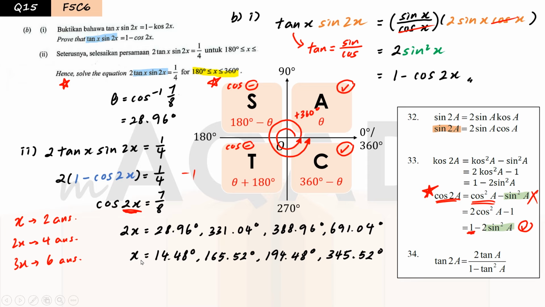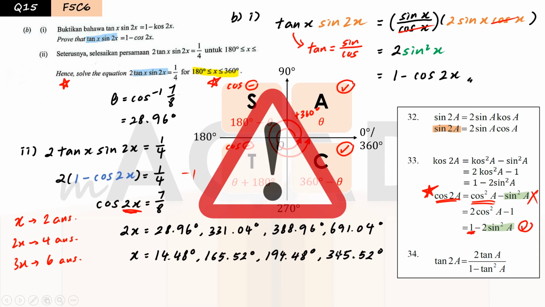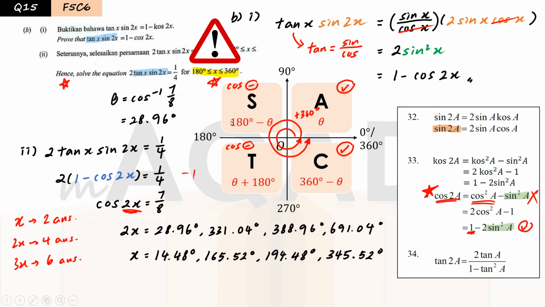Okay, so now for our x value, we have 4 answers. But let us look back at the question here. They gave us this condition: x must be within 180 degrees to 360 degrees. So for our 4 answers here, we need to reject this one and this one, because both of them are less than 180 degrees.